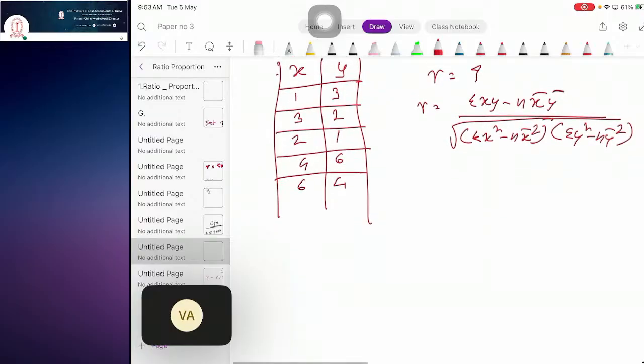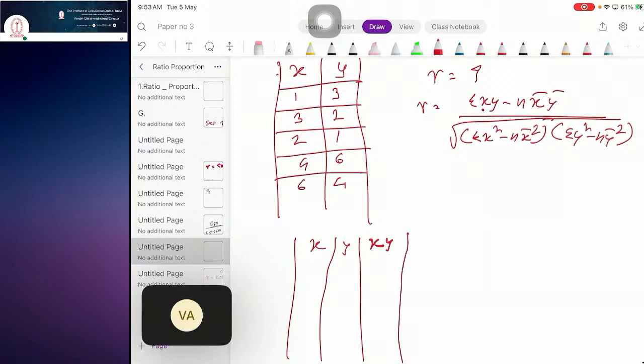So let's make the table of it. x, then y, then what will we require? We require the multiplication of x into y, so the third column will be xy. Then we require summation of x square and y square. We will write the values.